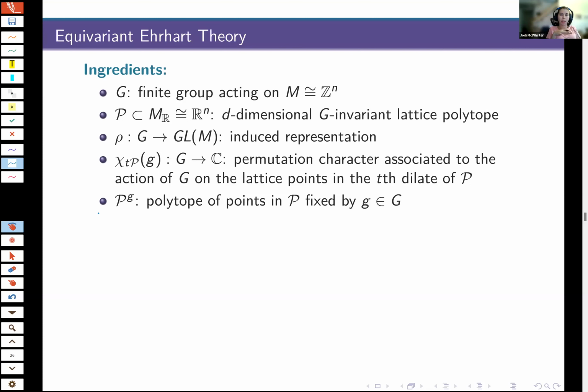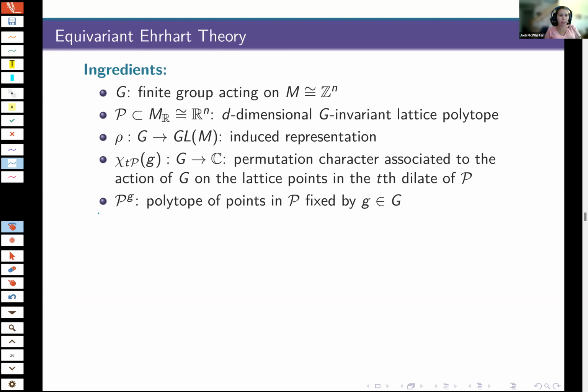So which points are going to be fixed and which ones are going to be switched around? What you'll get is another polytope, which we call the fixed polytope for that group element. When you put all of those together, you have this collection of fixed polytopes of your original polytope, and then we can ask questions about that.